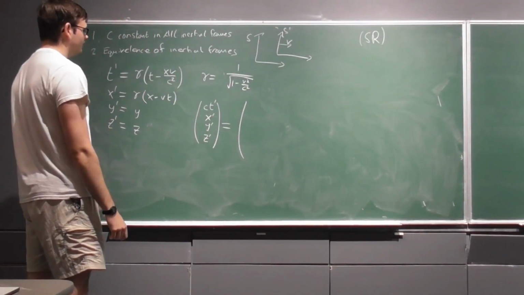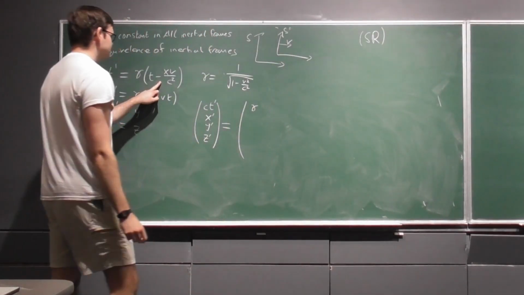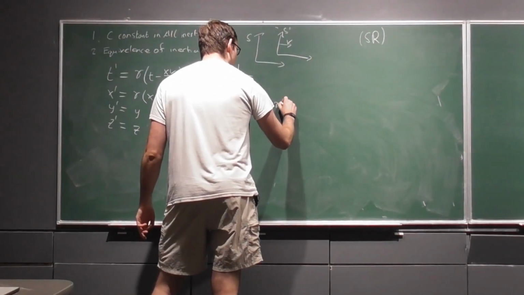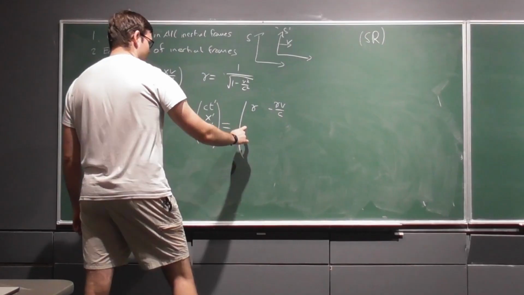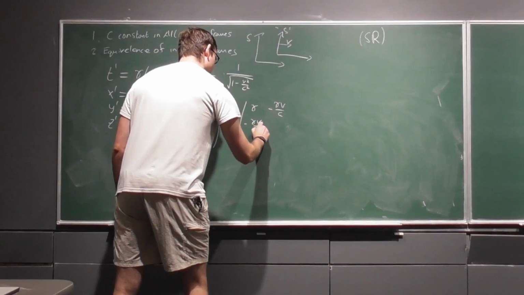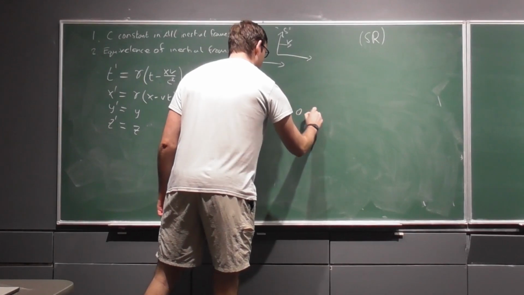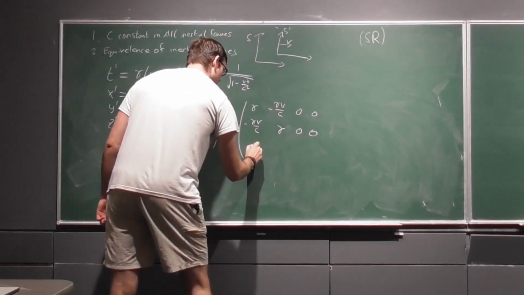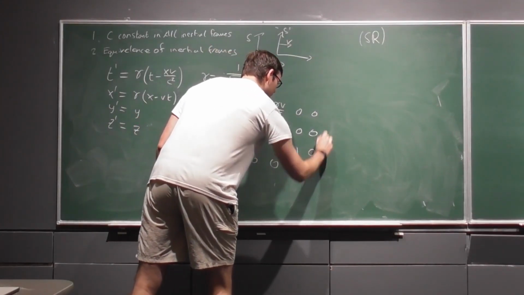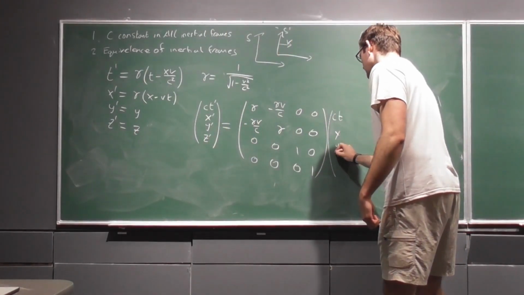We can read off what it's going to be. The first component is gamma, the second one is minus gamma v over c, same for down here, minus gamma v over c. This one's also going to be gamma, and then the rest are 0, 0, 0, 0, 0, 0, 1, 0, 0, 0, 0, 1. And that's times my ct, x, y, z.